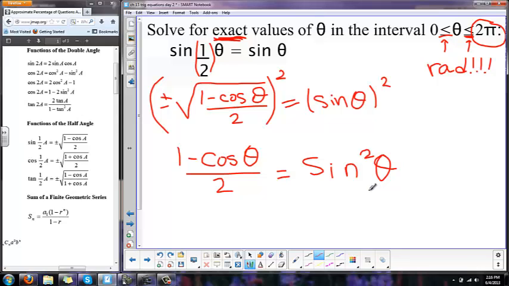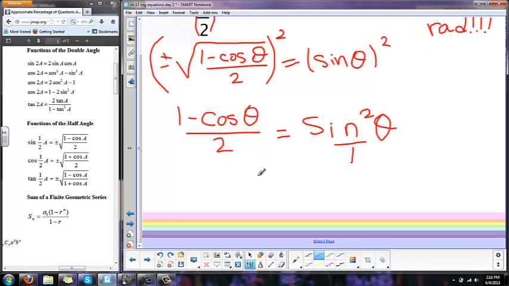Okay. Let's just see what happens. We have a fraction over here, so I'm thinking if I write this as a fraction, sine squared theta over 1, then I can cross multiply. So I'm going to have 2 sine squared theta is equal to 1 minus cosine theta.